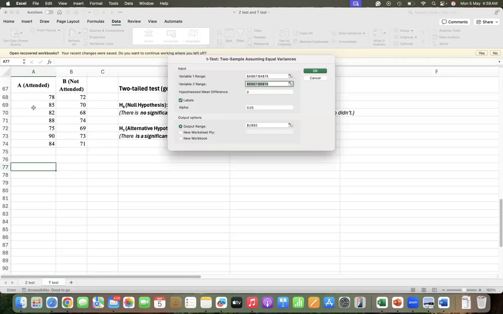Hypothesized mean difference is 0. I will just explain how it is 0. mu A is equal to mu B, so mu A minus mu B is equal to 0. हम मानते हैं कि difference दोनों में नहीं है, इसलिए हम 0 कहते हैं. Okay. Labels okay. Alpha we want to check at 5% significance level. Here we can easily change it to 2%, 1%, 10%, whatever we want.